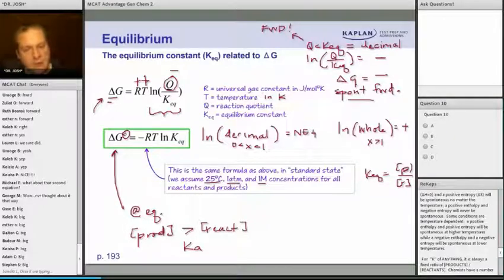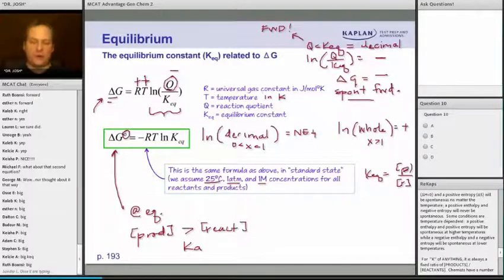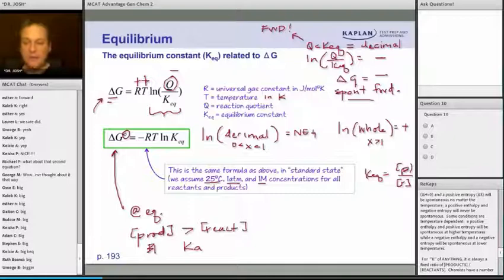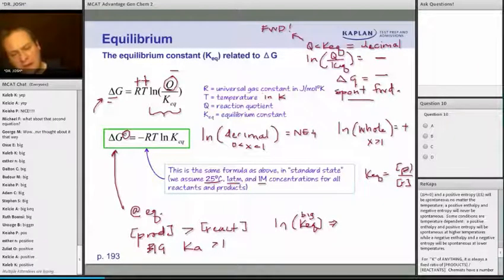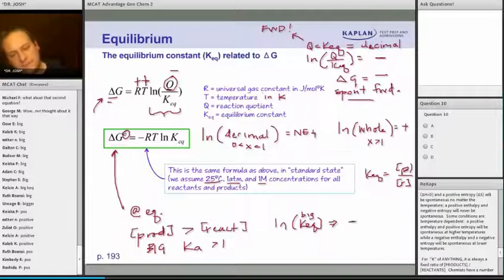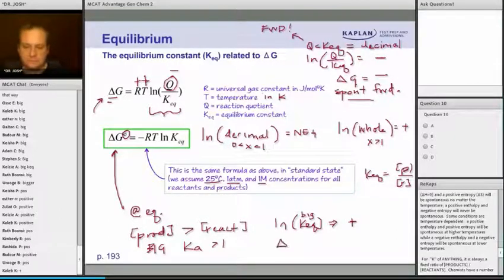So if you have a lot more product than reactant, you have a big number on top and a small number on bottom, should you get a big Keq or a small Keq? At equilibrium, yeah, you get a big Keq. Notice, your big Keq is going to be greater than 1. So what will the logarithm of this Keq be if it's big? Yeah, you should get a positive logarithm.